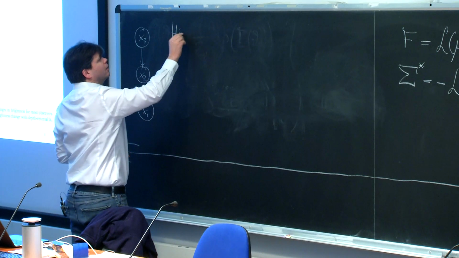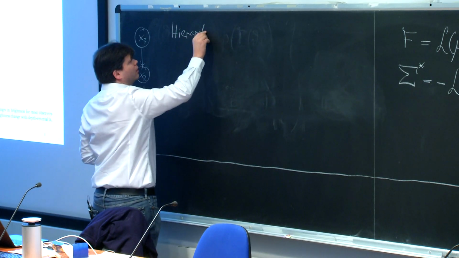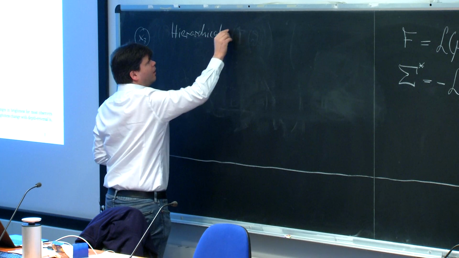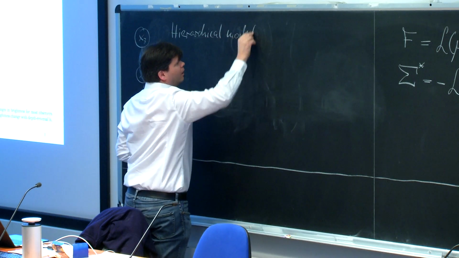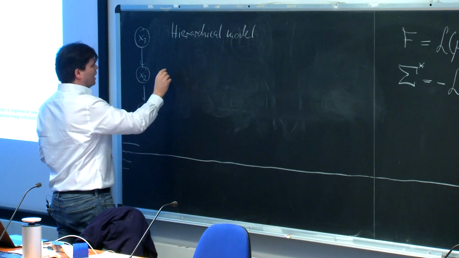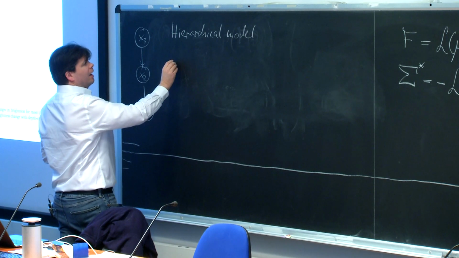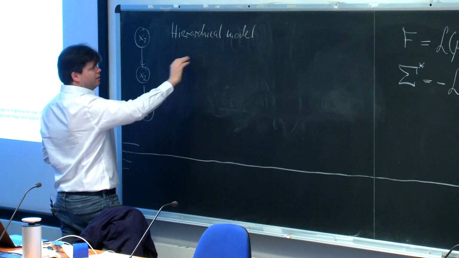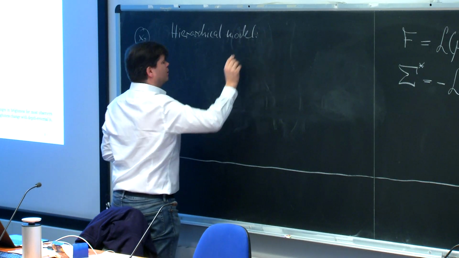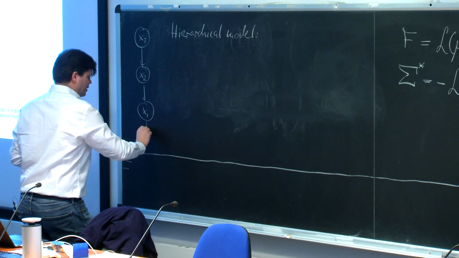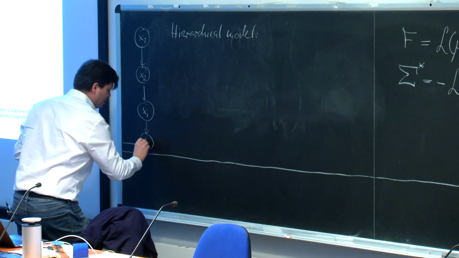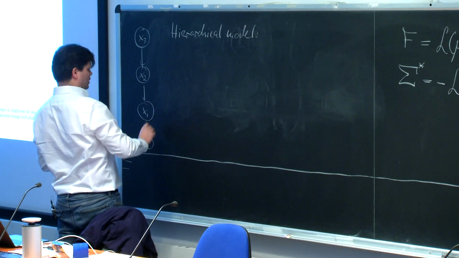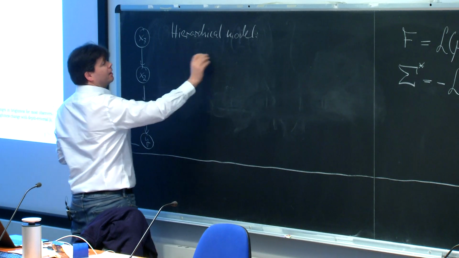So it's a hierarchical model. And to have a hierarchical model, we need to have a likelihood and a prior, so let's add y, our observation here.